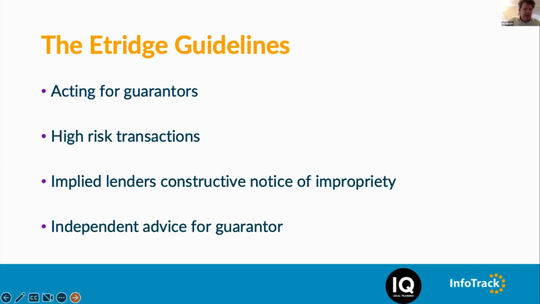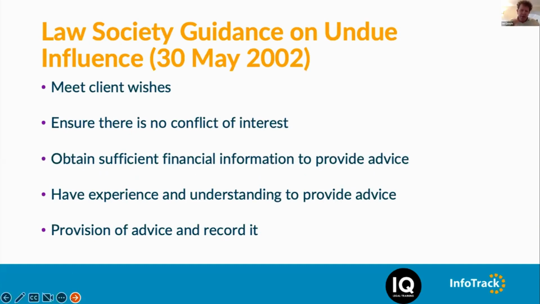Good. Okay. Law Society guidance on undue influence was issued back in 2002. Again, it's important that we make sure that there aren't conflicts of interest between lender and client or between clients. We obtain sufficient information from all clients to provide advice, and we ensure that clients understand the advice we're providing. A number of points flow from this.